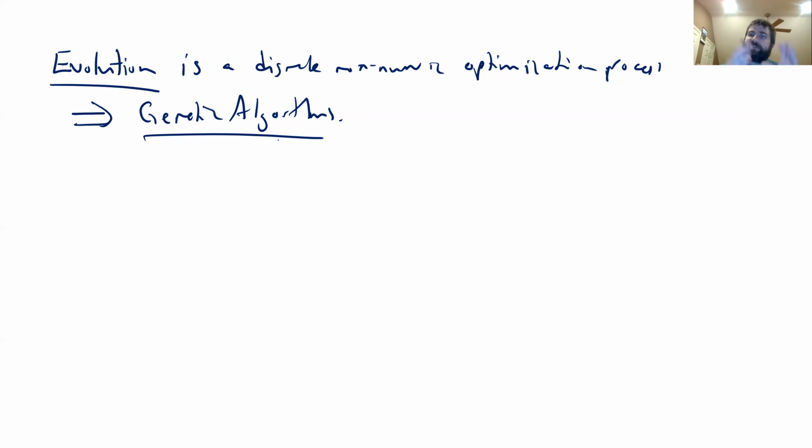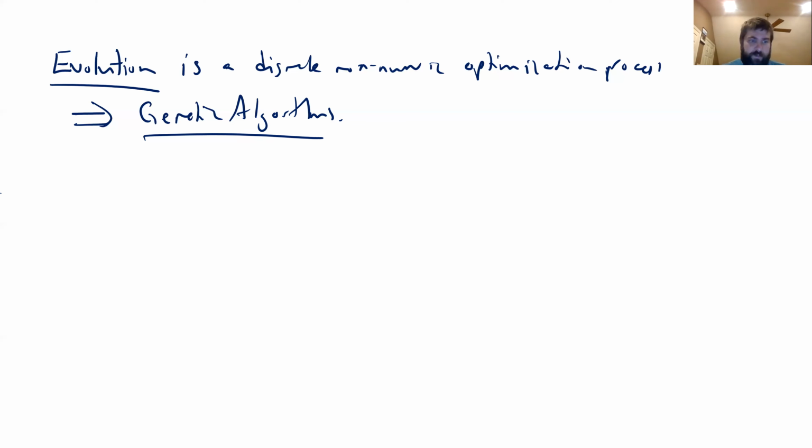It gives us something that works. And so in this very high-level optimization perspective of genetic evolution, let's think about how natural selection and evolution works.